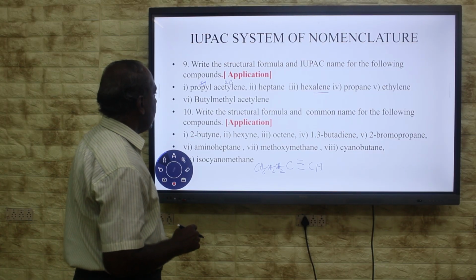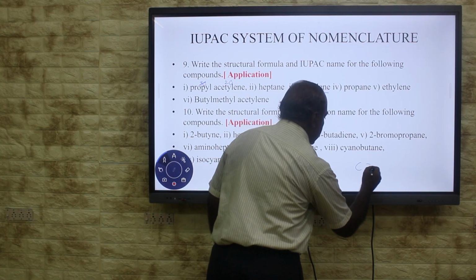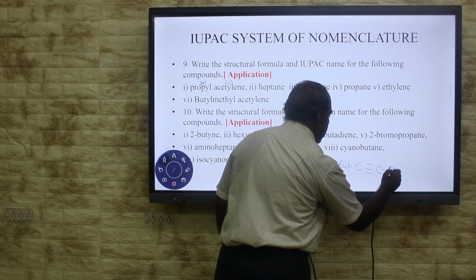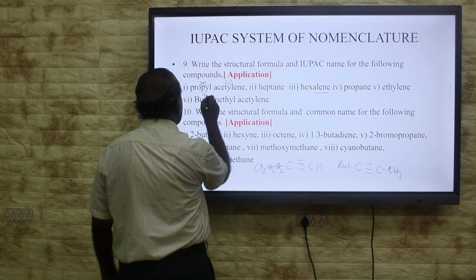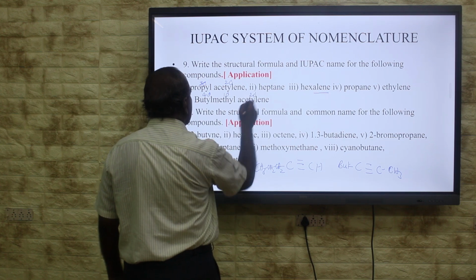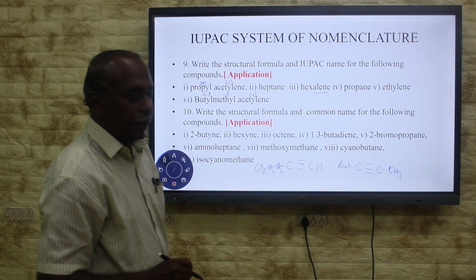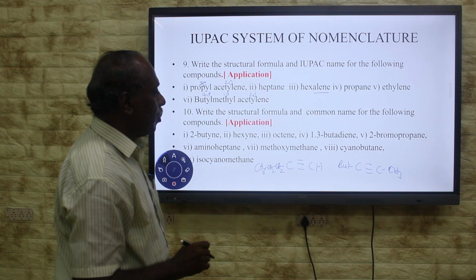Butyl methyl acetylene. Here first you write the structure of acetylene. One side has a butyl group, the other side has a methyl group. Here 4 carbon will be there. Here 1 carbon. Here 2 carbon will be there. 7 carbon: heptyne is the name of this compound.